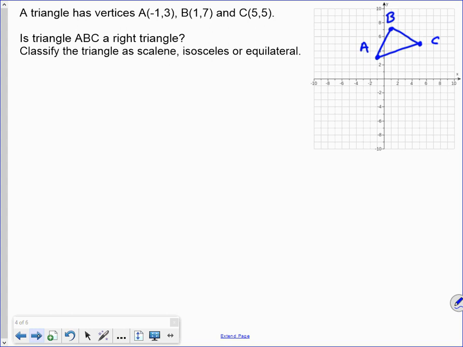So let's start with the first part. Is triangle ABC a right triangle? Well, we know that if something is a right triangle, two sides are going to be perpendicular.